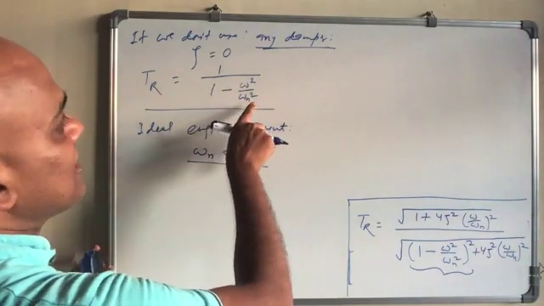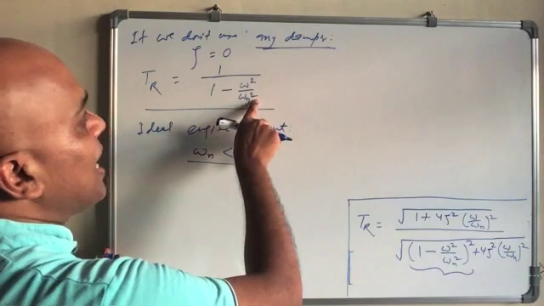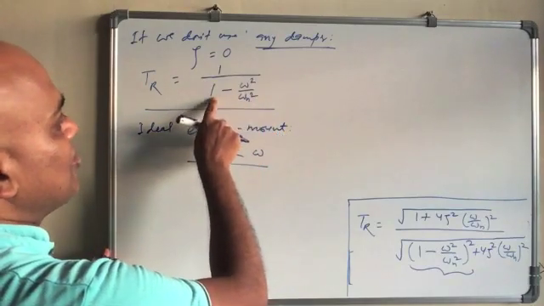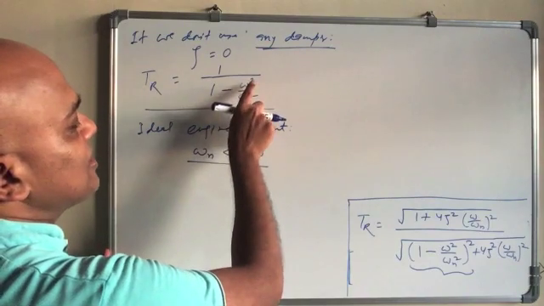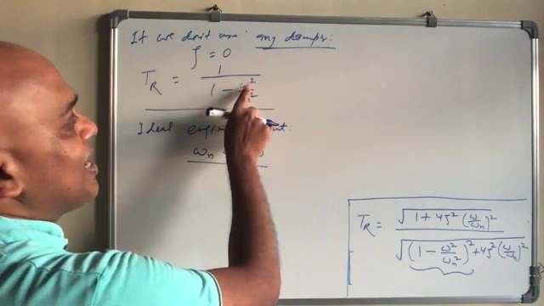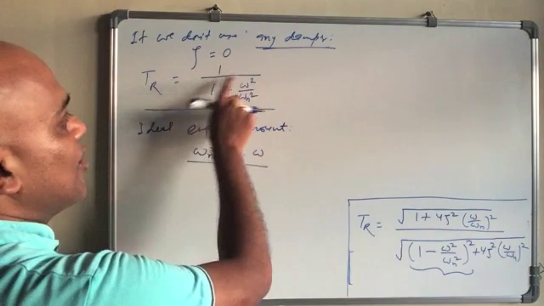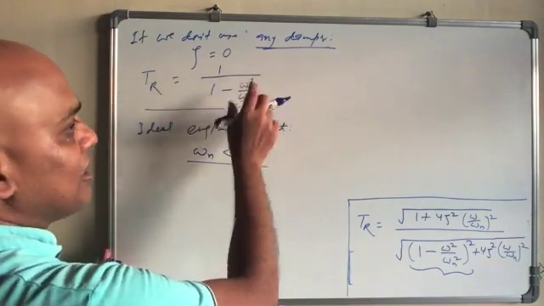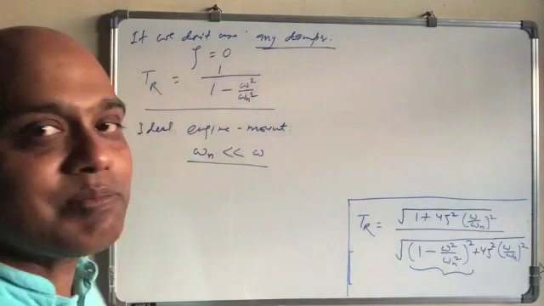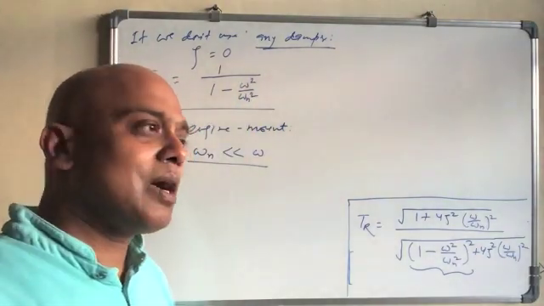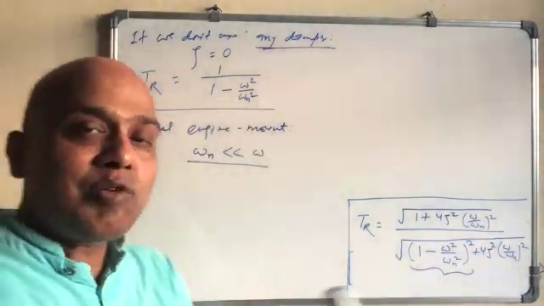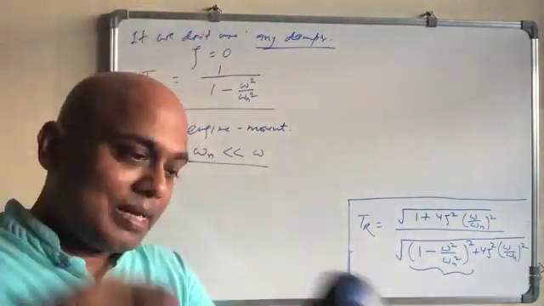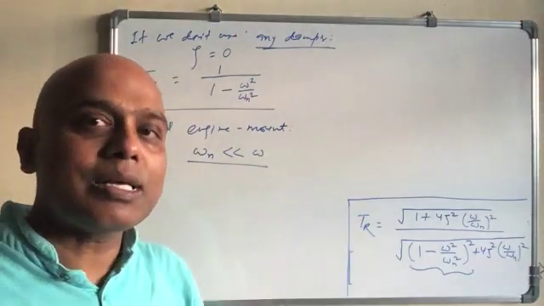And in this case, if you have omega n very, very small, then you get 1 minus a value which is much more than 1, and hence you get 1 over a large value. So hence you get Tr which will be negative. The meaning of negative is basically when the force is going upward, then the transmitted force will be downward. That's the meaning.